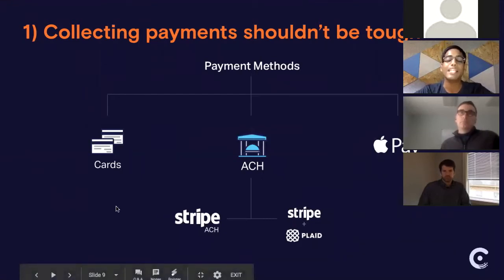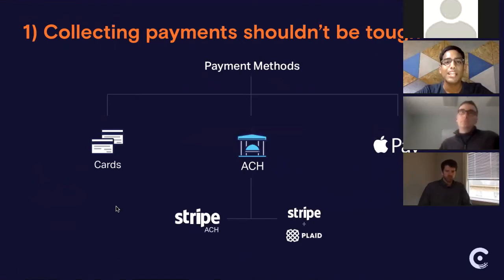And the network that enables this kind of communication is called the ACH network. Now, authenticating banks on the ACH network can be a time-consuming process, but not with Stripe. Stripe integrates with a tool called Plaid, and Plaid authenticates bank accounts in a matter of minutes.